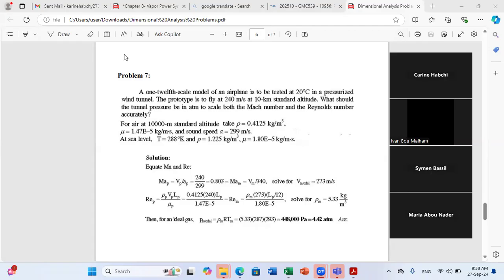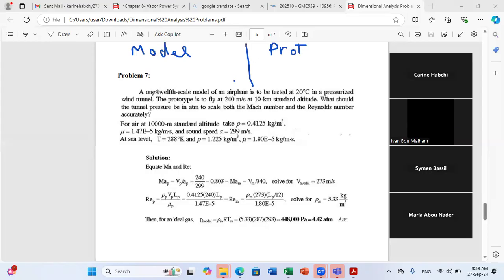Okay, so first, let us put what we know about the model and about the prototype. For the model, the scale is 1/12.